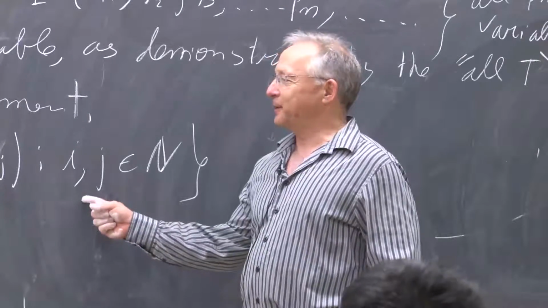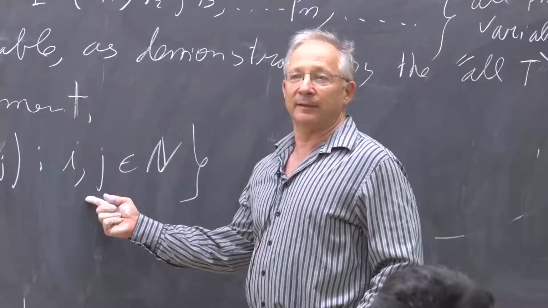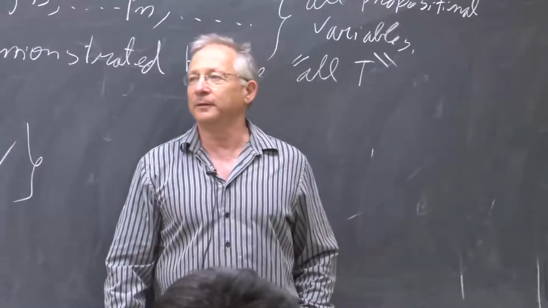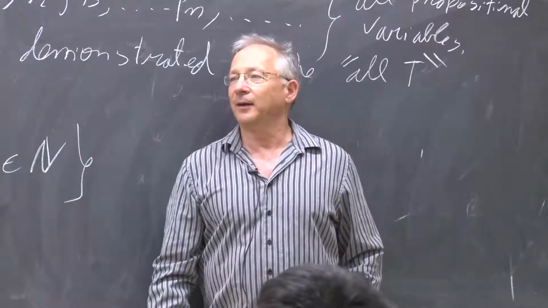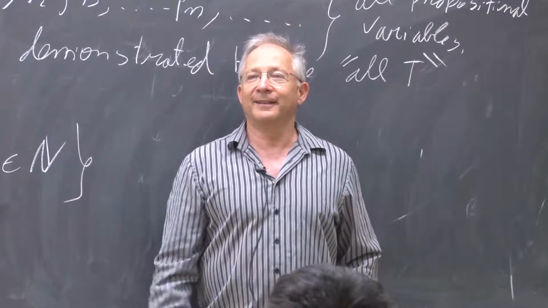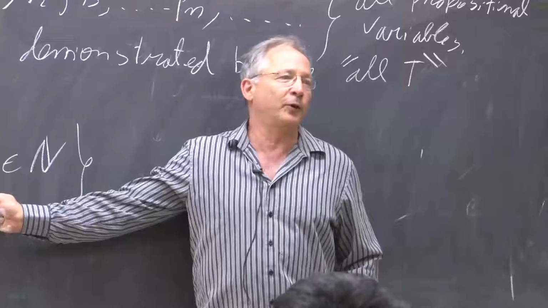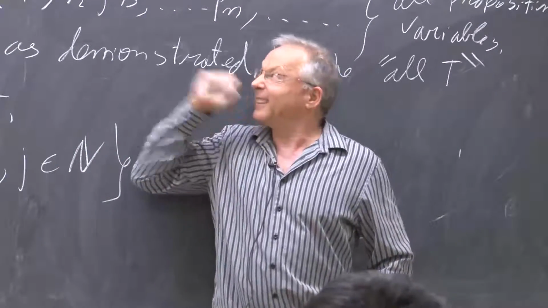Okay, so what about this one? How can we show that this is satisfiable? Can you give me a truth assignment that makes all of them true? Yes, all false, right. It's not just that the assignment all true will make all of them true, but also the assignment all false will make all of them true. So it's a little bit more interesting than this guy.